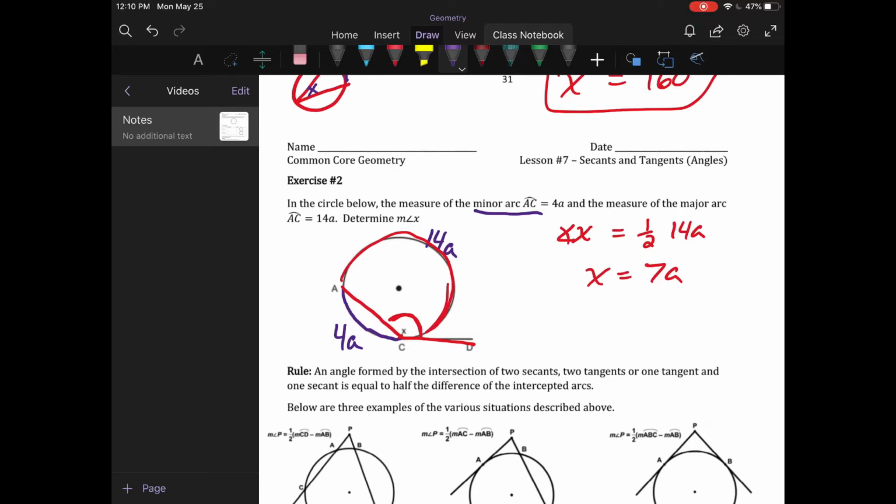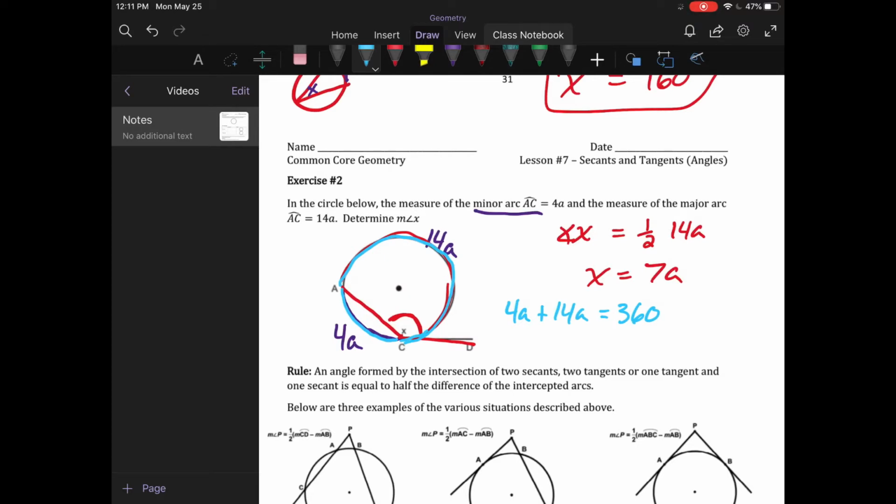The only other information we know is that we actually have a whole circle made by these two arcs. The major arc, 14A, takes up that much space. The minor arc, 4A, is that much. And when you put them together, you get a full circle. And we know that full circles are 360 degrees. So we can figure out A by saying that 4A and 14A are going to be 360 when you put them together.